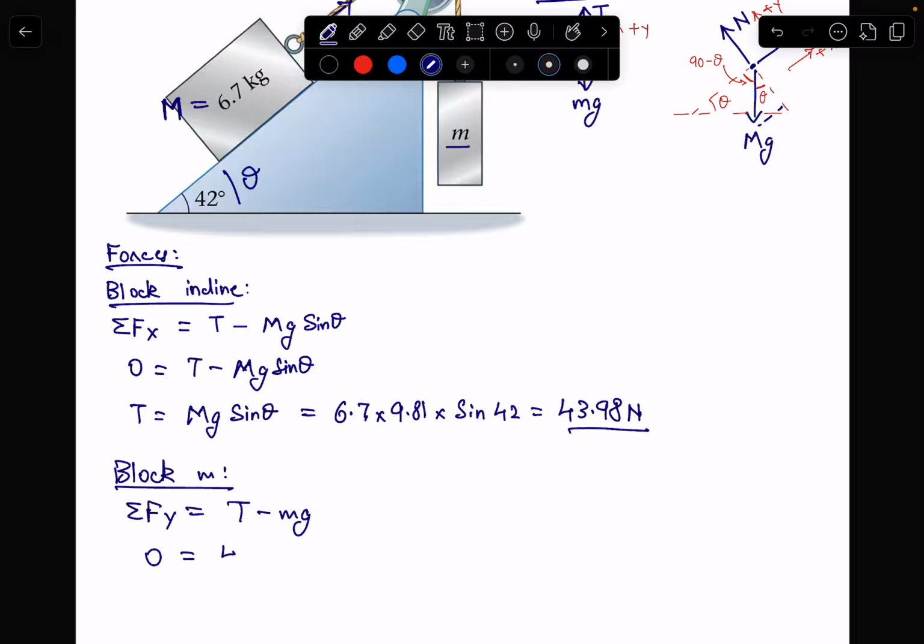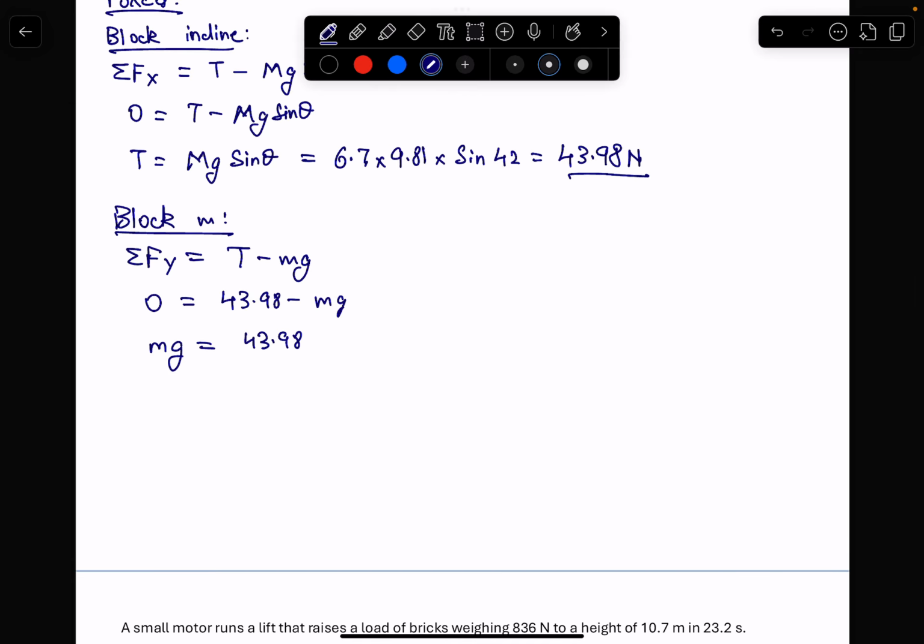T is equal to mg. Bringing mg to this side, it's 43.98. So now small m is equal to 43.98 divided by 9.81.